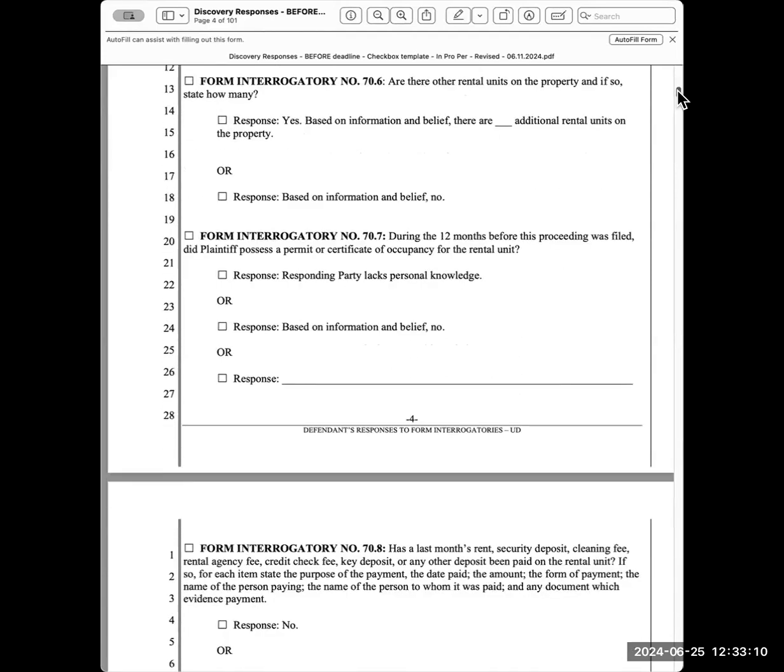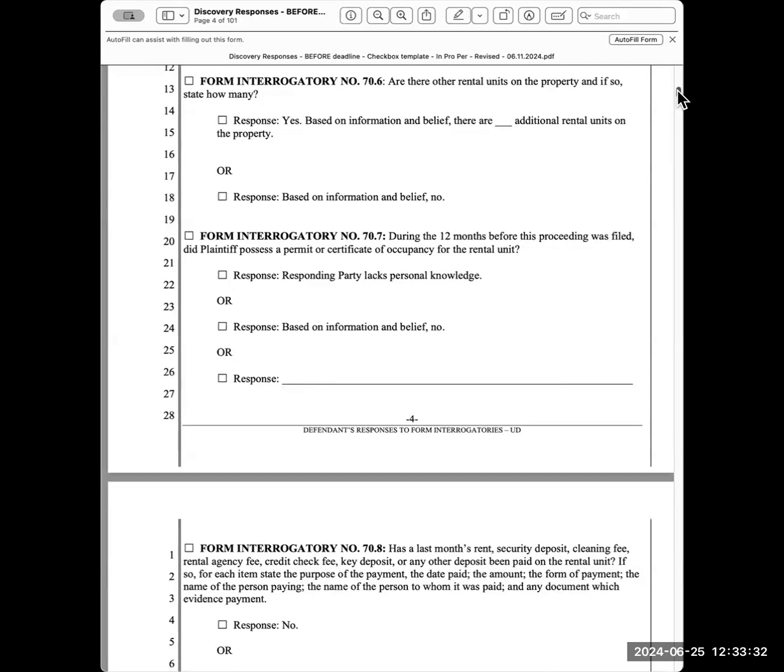Question 70.6. And this question is typically asked of both parties. Are there other rental units on the property? And if so, state how many. And the question is asking about other rental units, so not including yours.